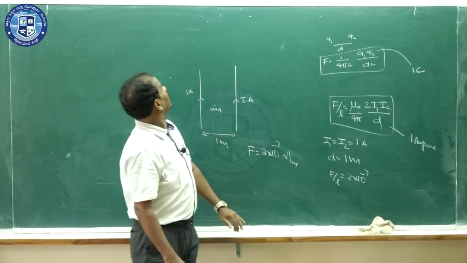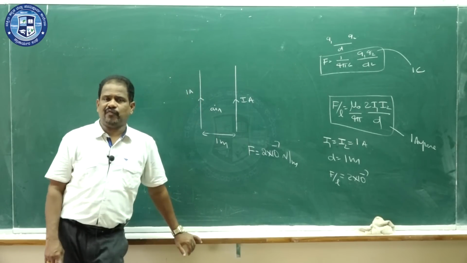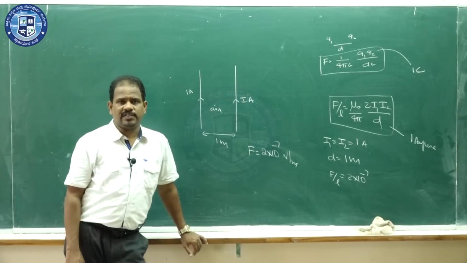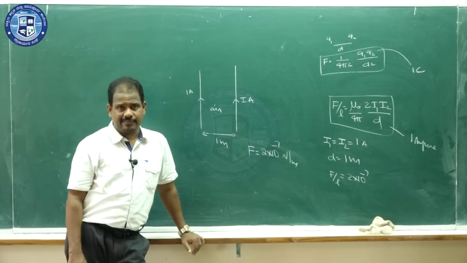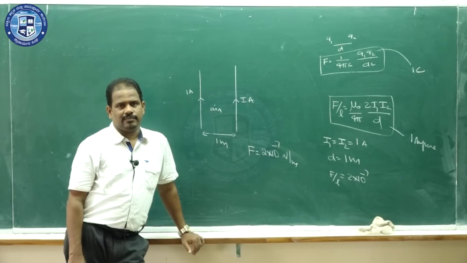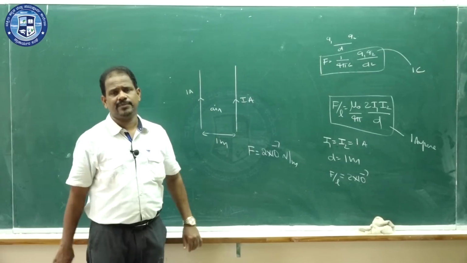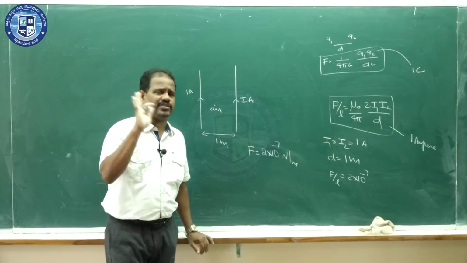So what is 1 ampere? 1 ampere is that current which flows through two parallel conductors separated by a distance of 1 meter in air. Same direction means attraction, opposite means repulsion, so "exerted" is the best word.